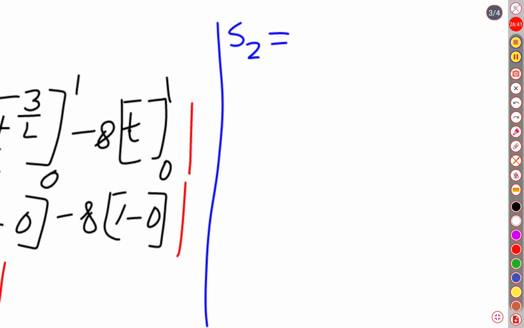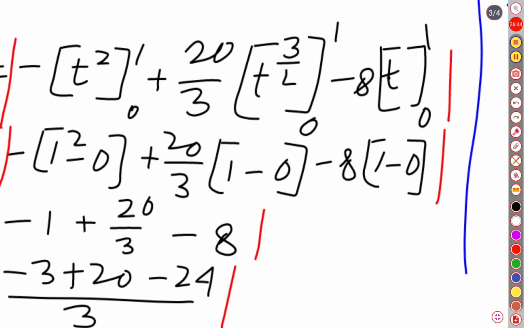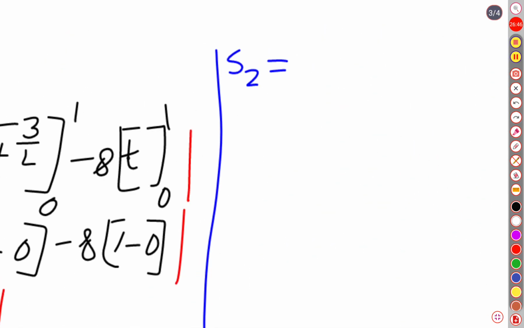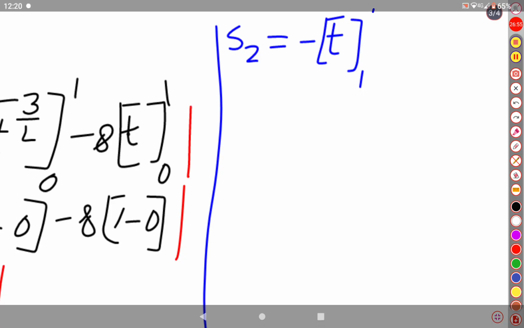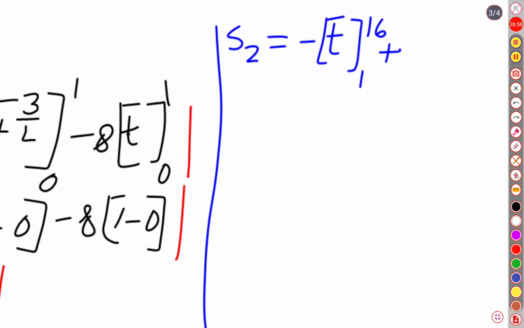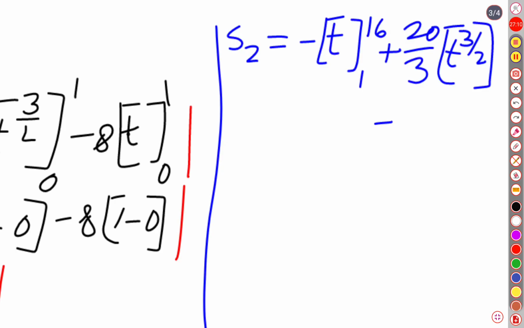Our function was, let us see, negative t square. So negative t square, and our limit is from 1 until 16 seconds, plus 20 over 3 times t raised to 3 over 2, then minus 8t, from 1 until 16.